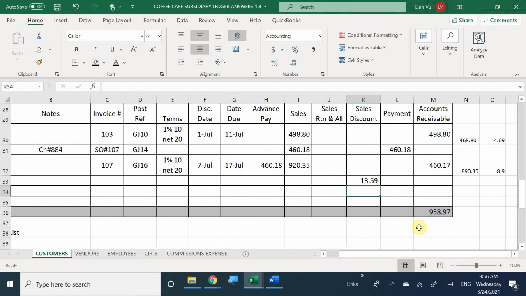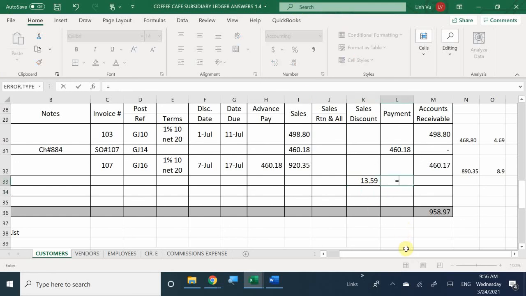All right. So remember, it's not based off the amount that they owe us. It's based off the amount that they made a sale for. So in this case, $920 is what we made sales for, but we've got to subtract the delivery charge. So again, it's not based off of what they owe us. It's based off of their actual sales. So in this case, we're taking $13.59 right off of this amount, and he should be paying us $958.97.